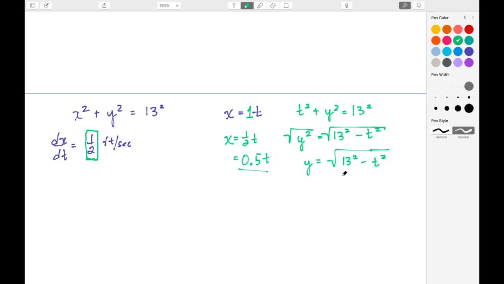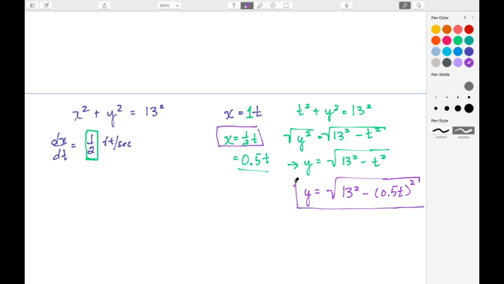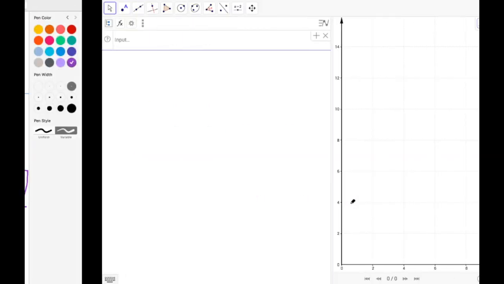So with that, we're going to change this equation here to show this change in x. So the new equation is going to be y is equal to the square root of 13 squared minus 0.5t, and that quantity is squared. So this equation here and this equation here is what we're going to put into our modeling tool. So let's go ahead and do that now.